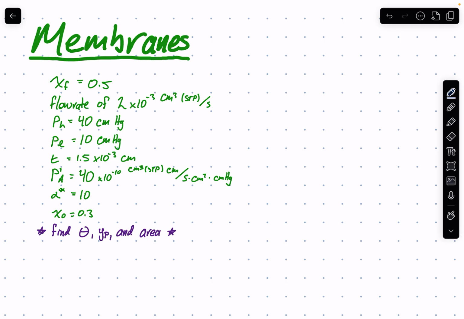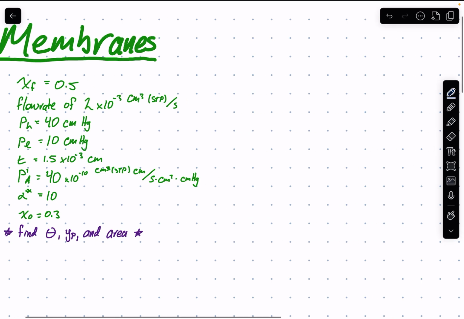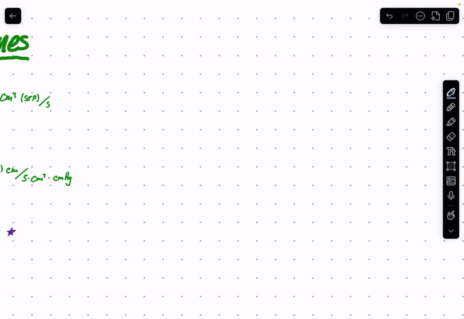This is similar to one of the problems from the homework, but instead of being given the cut, we're being given the reject composition and solving for the cut. So for our analysis, we can write out the complete mixing model equation that we've learned in class.